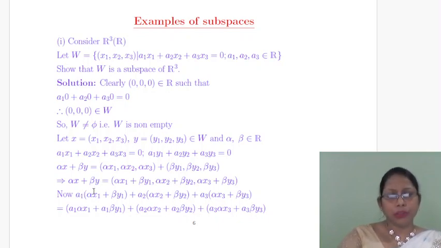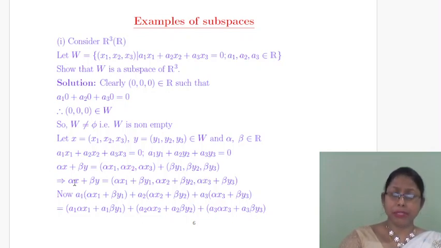Now we are going to check this condition. I am taking a1 with the first element, adding a2 multiplied with the second element of alpha x plus beta y, plus a3 multiplied with the third element of alpha x plus beta y.